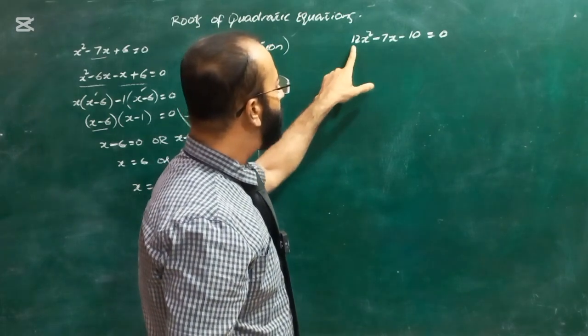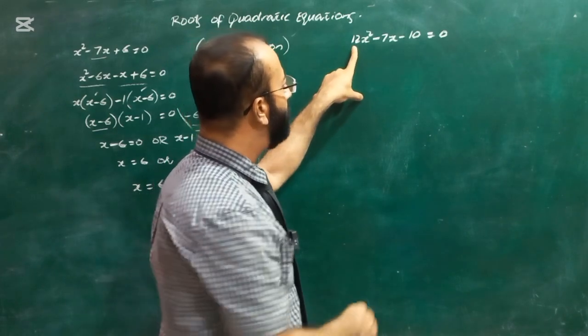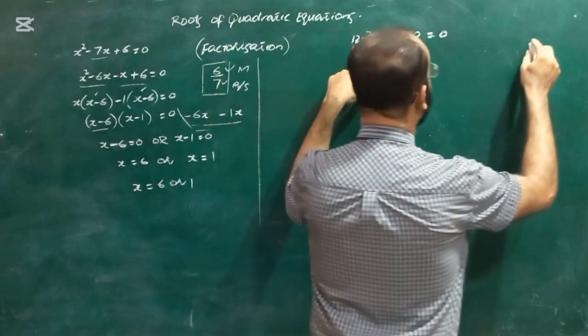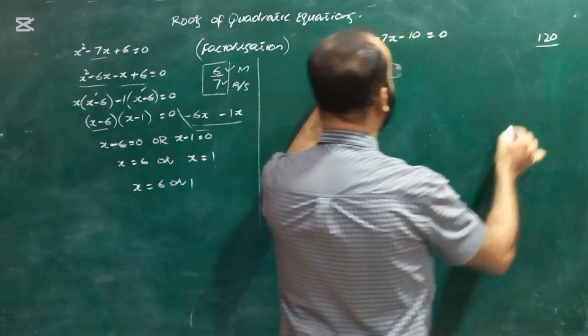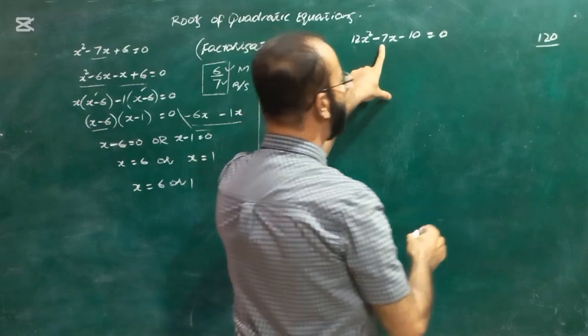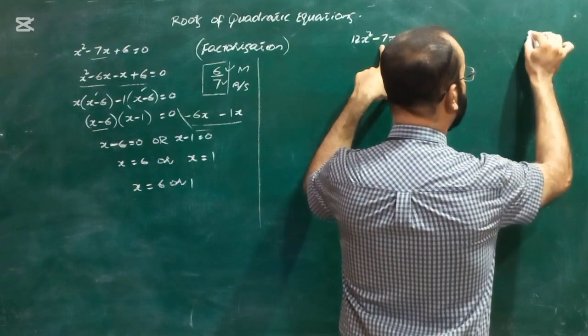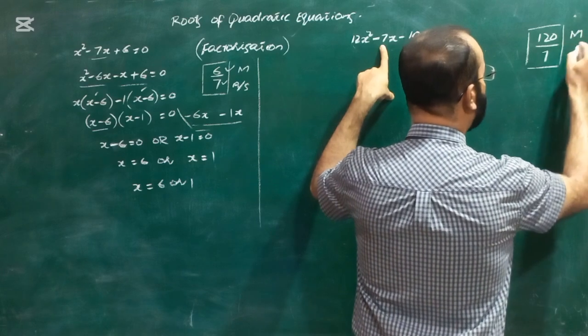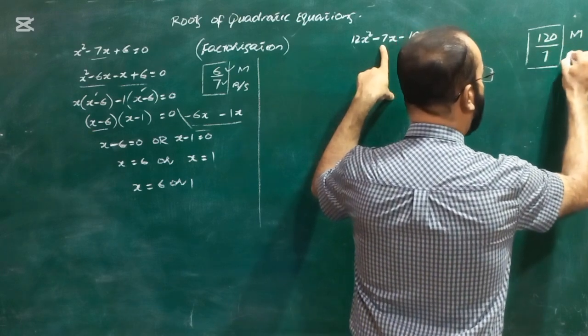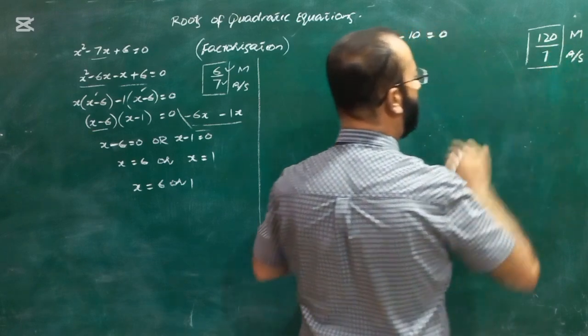The next step will be multiply the coefficient of the quadratic variable with the constant value. So this will become 120, and write the coefficient of the singular variable with it. Now think of a pair of numbers whose multiplication is equal to this one, addition or subtraction equal to this one.